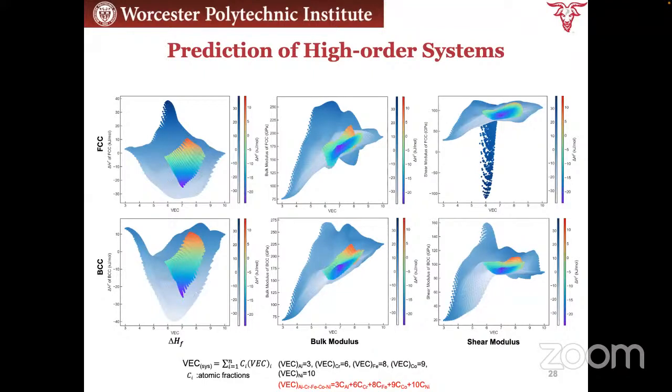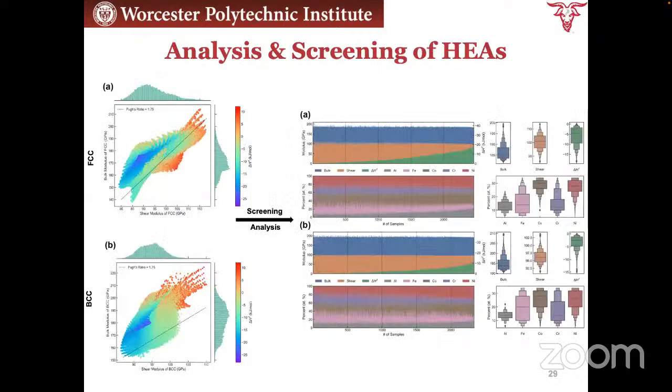So you will see the region for the high entropy alloy for the bulk modulus and the shear modulus. Similarly, we have that for BCC as well. With that, we can do the screening, based on the bulk modulus, shear modulus, and other elastic constants we can get.